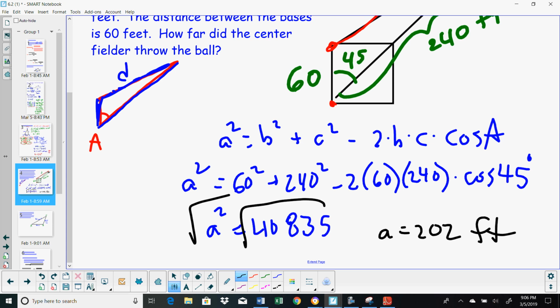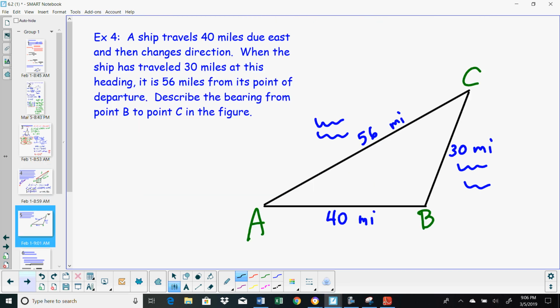All right, and we've got one last example to look at. This one says a ship travels 40 miles due east and then changes direction. When the ship has traveled 30 miles at this heading, it is 56 miles from its point of departure. So what's happening here?